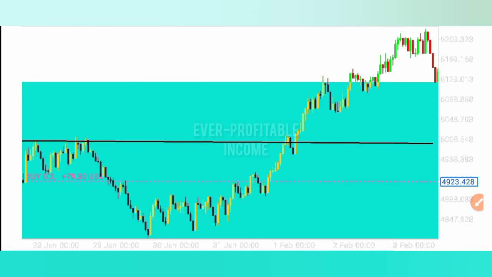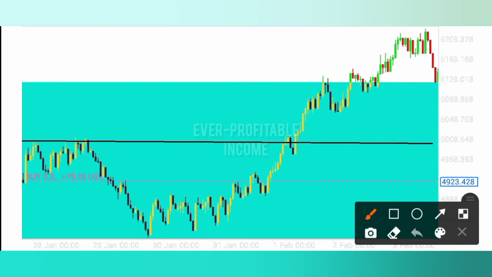When I noticed that the pattern of movement of price has changed, you can see right here that it is now slanting towards the upside. Then I noticed that this high right here has been taken out.